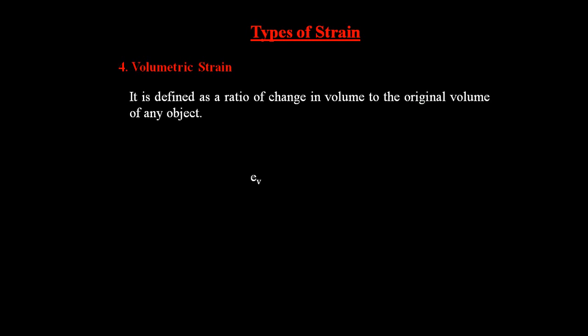So the formula we can write as EV, volumetric strain. EV is equal to change in volume by original volume. For this one also there will be no units because we are taking the ratio between the two volume quantities only. So that is about types of strains.